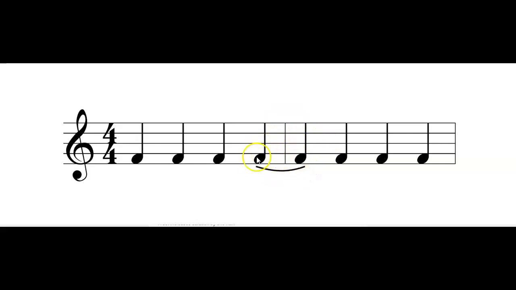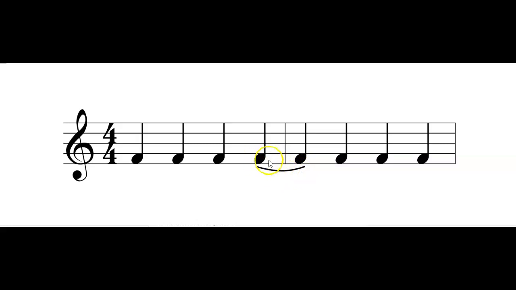So I still get my half note on the 4th count, but it occupies the 4th count of this measure and the 1st count of this measure. So it follows the rules of the measures and still allows me to have my half note on that 4th beat.